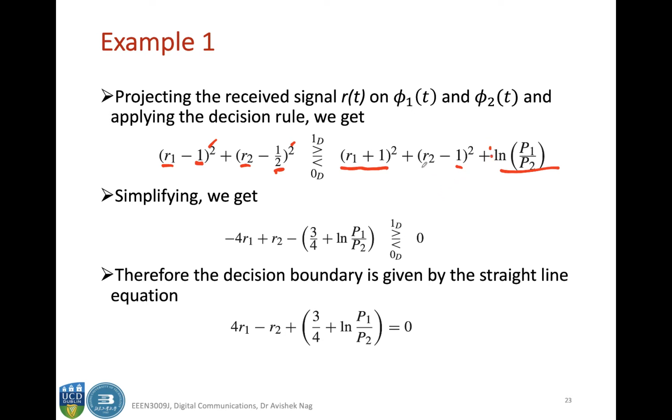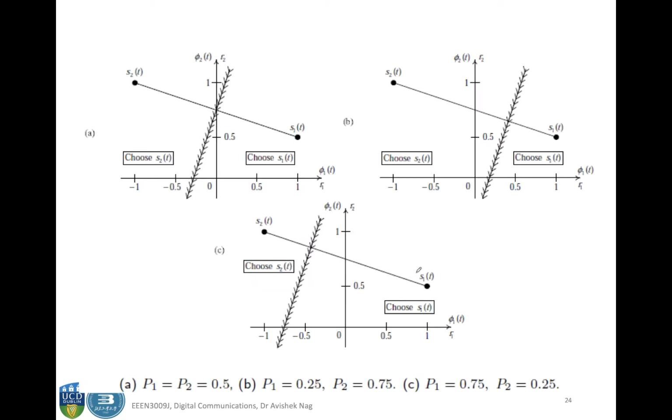Now if you simplify this, you will get the equation of a straight line. As I was explaining a few slides back, the decision boundary is given by this straight line. If you draw this straight line, setting this equal to 0, you will get the decision boundary like this.